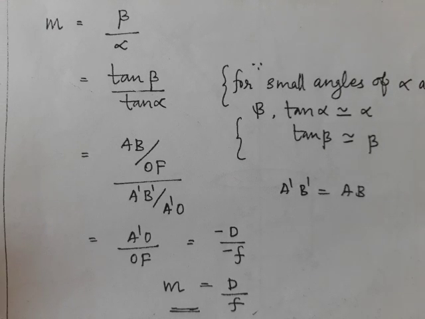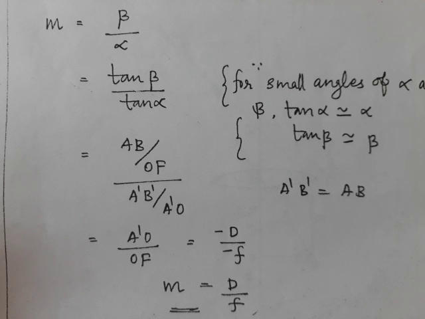So two situations for a convex lens: when it forms the image at infinity, the magnification is D by f. When it is at the near point, the least distance, it is 1 plus D by f. So that's about a simple convex lens, a simple microscope. Once again, rewinding, a simple convex lens means a simple microscope. It can produce an image of magnified size.